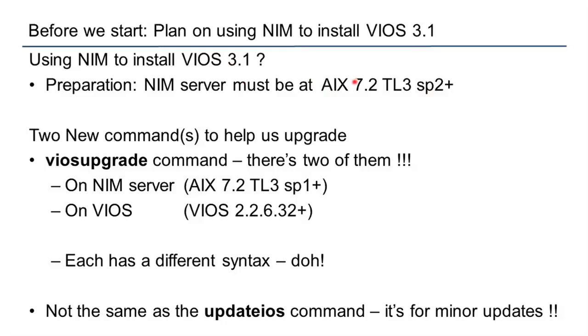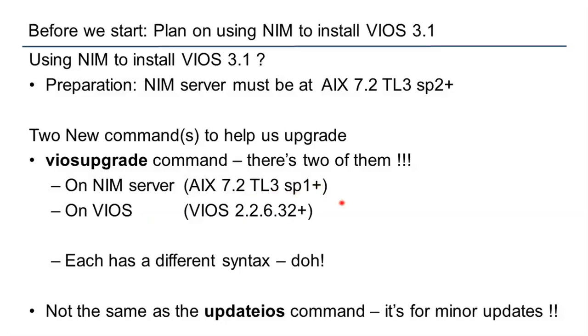When you actually get up to this level, you'll find there are new commands available to you. It's complicated here: there are 2 commands, both of them called viosupgrade. One of them is in the VIOS if you upgrade to this level. And the other one is on the NIM server if you upgrade past Service Pack 1.